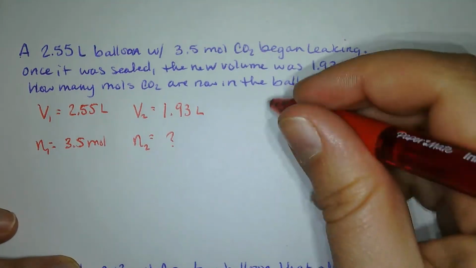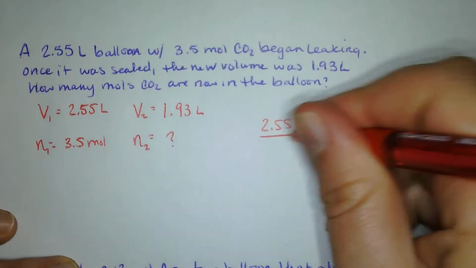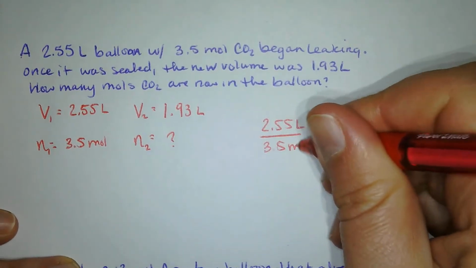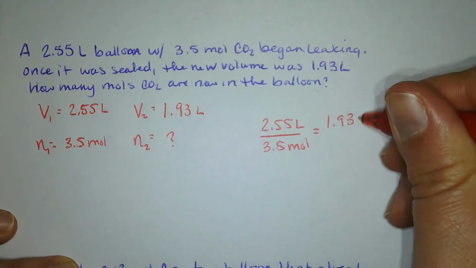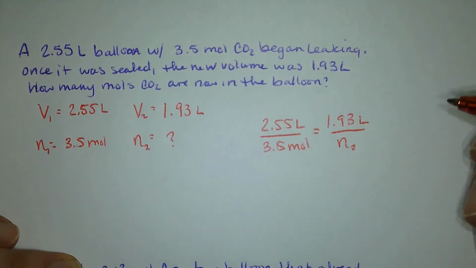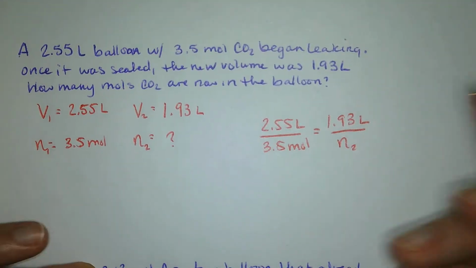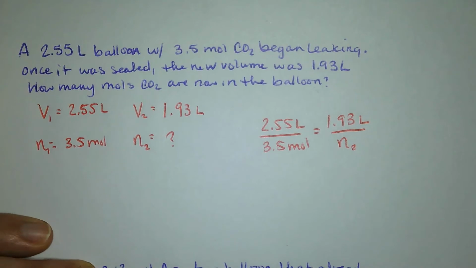Well, let's plug it right into our formula. 2.55 liters over 3.5 moles equals 1.93 liters over N2. And this is, once again, a simple proportion, cross multiply and divide. Let me grab my calculator. Where's my calculator? There it is.